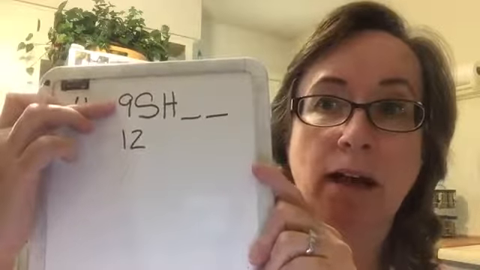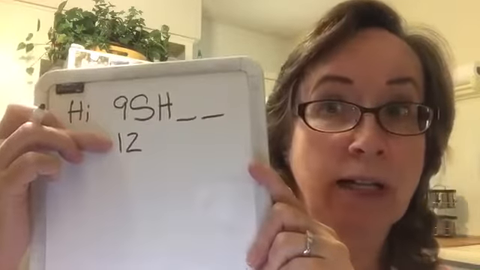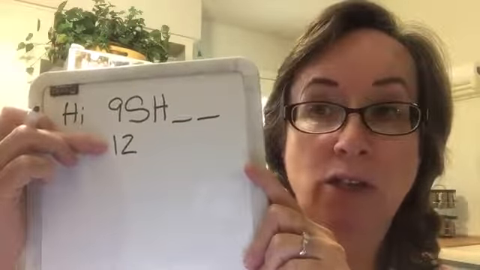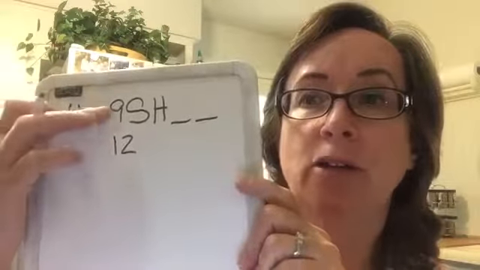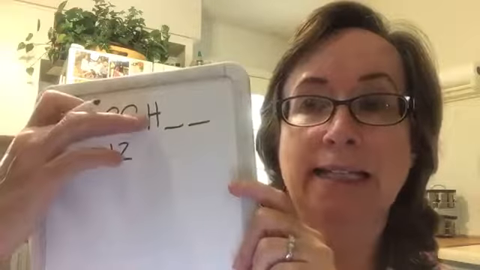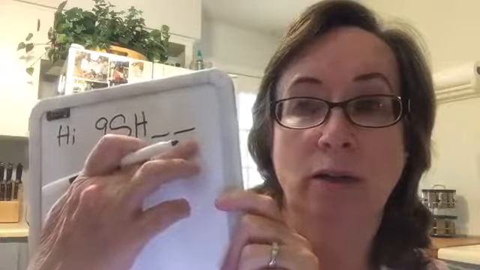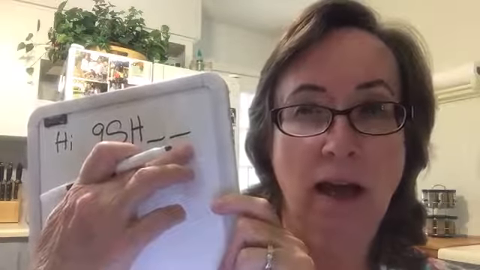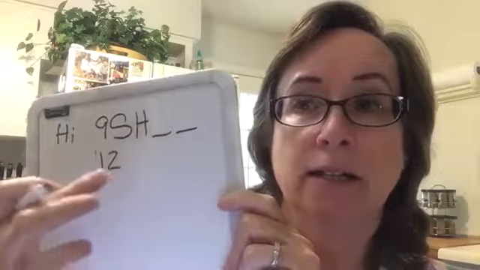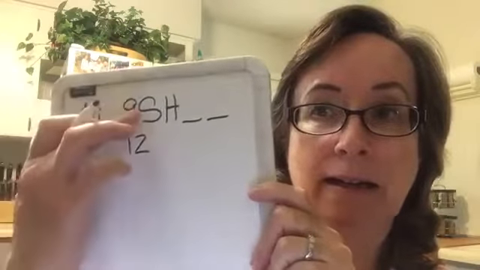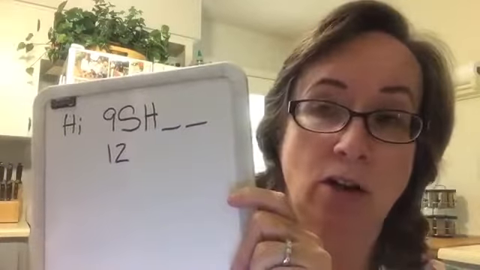If you're in my 9 o'clock Tuesday, Thursday class, you put a 9. If you're in my 12:30 Tuesday, Thursday class, you put a 12. 12 is good enough for 12:30. Then you put first initial, last initial, and then the last two digits of your college ID. Okay? So you're just going to say hi, 9SH, and then whatever those two digits are.